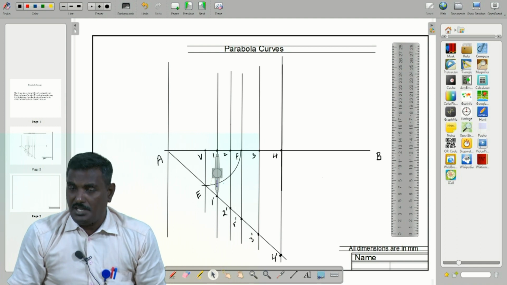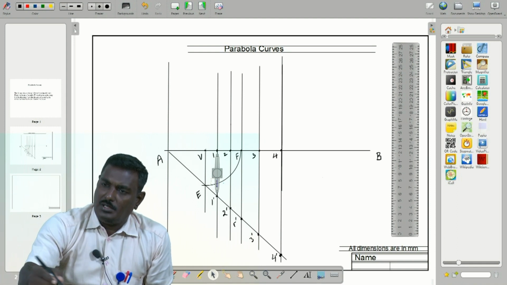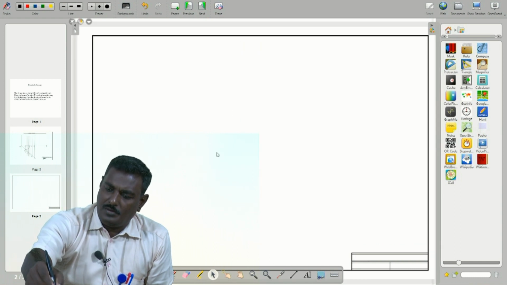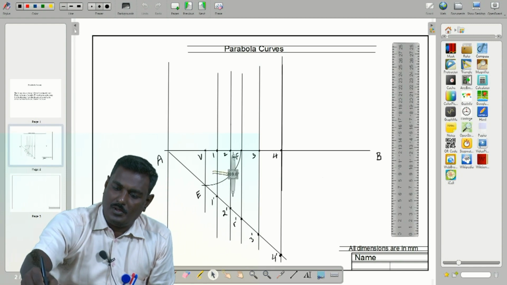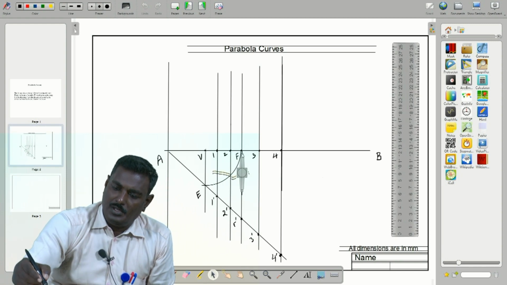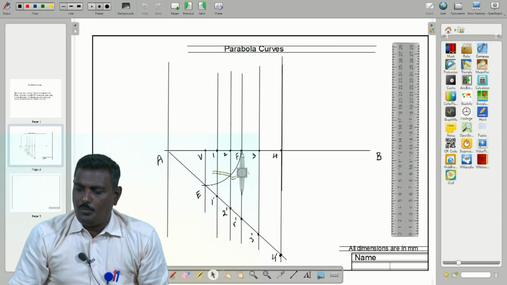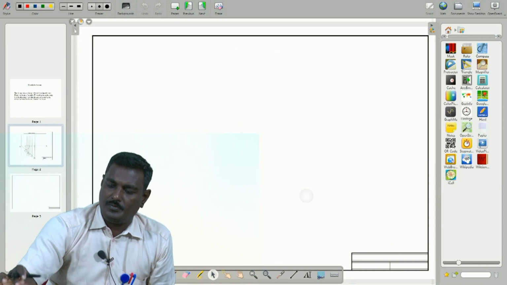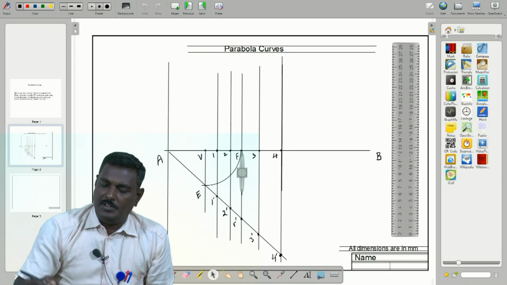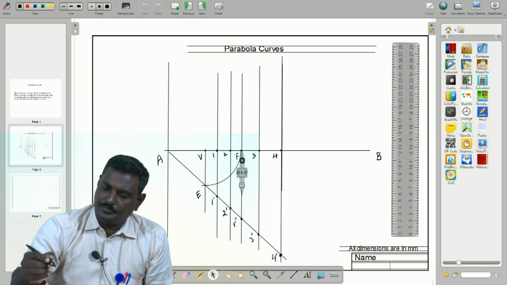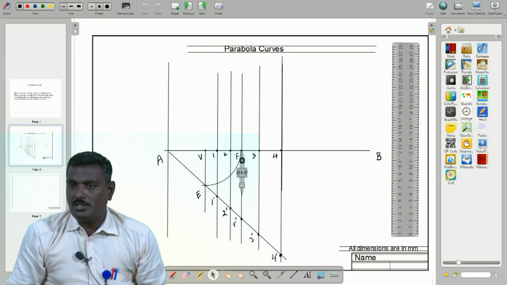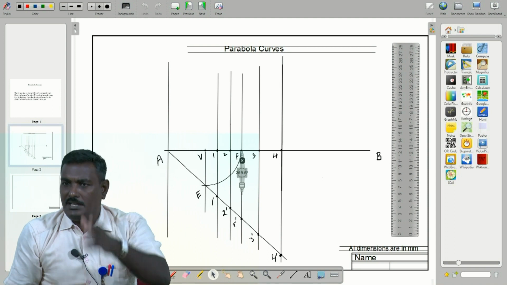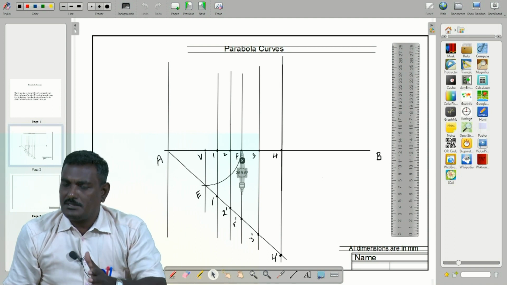Now change the position: F as center. Now make an arc, with F as center, to intersect the vertical line drawn from 1, that is the 1 dash line. That vertical line you have to cut with this curve.